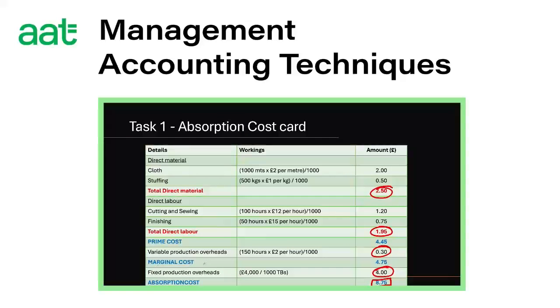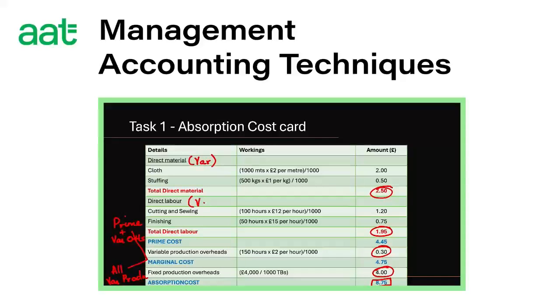So if you're talking marginal cost, marginal cost is effectively that prime cost plus variable overheads. So you could look at it in different ways. I don't want to make it more confusing, but if you are familiar with prime cost, then prime plus variable overheads is marginal cost, or you could go all variable production costs. If you think about it, material is a variable cost.